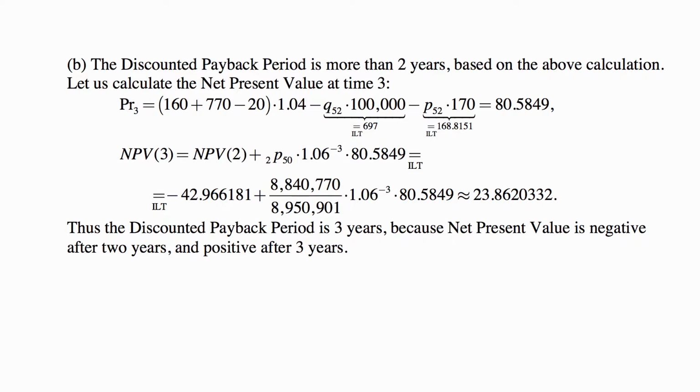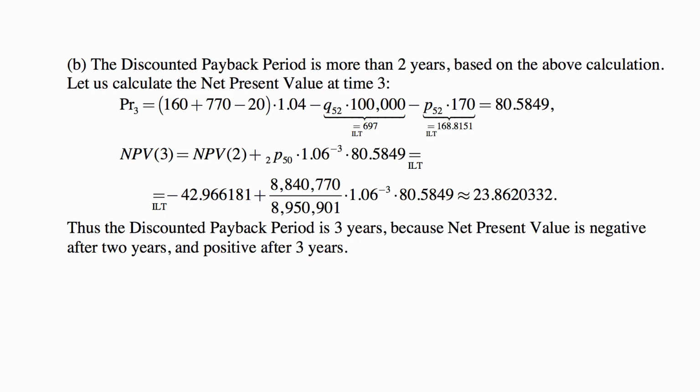So that's why it's 2P50, which we calculated based on the illustrative life table. I just took the ratio of the number of people in the population that you can look up in the table. Or you can just also do this as P50 times P51. Either way, you should get the same answer.